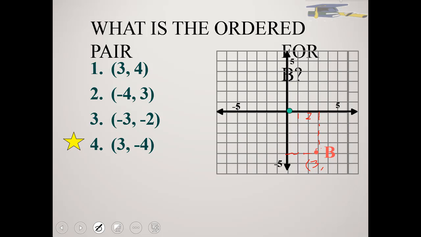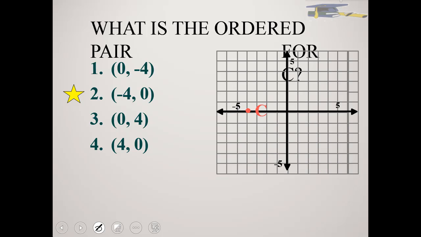Here, from the 0, from the origin point, we count 1, 2, 3, 4. But is it 4 or negative 4? We're going down, so it's negative 4. Negative 1, negative 2, negative 3, and negative 4. So it's 3 and negative 4. So the right answer is this.